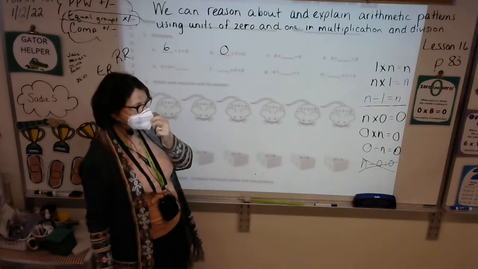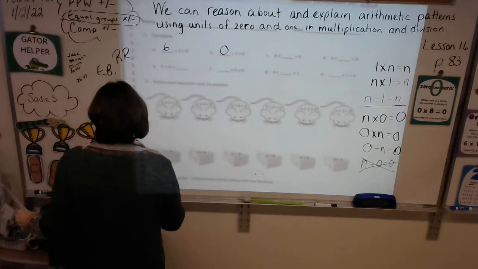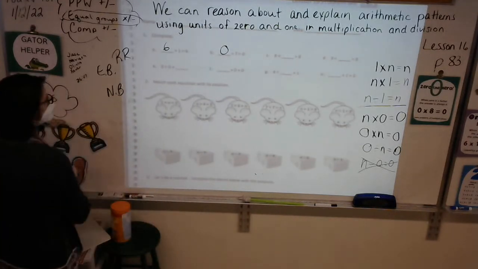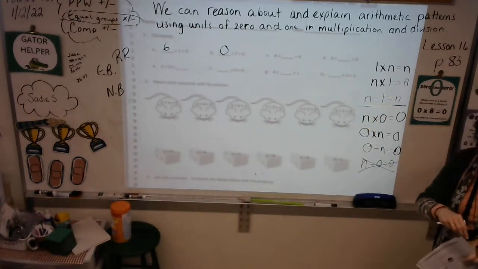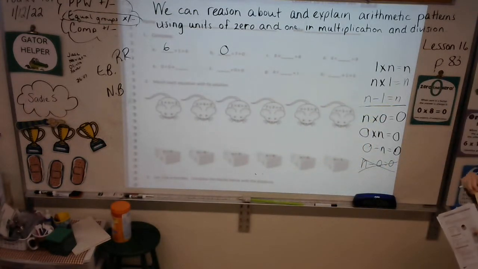Okay, how about the next one? I think I'll just pull sticks. C. 8 times what equals 8? What will go in there? Thomas, we're on C. Read the whole fact. 8 times what? 8 times 1 equals 8.